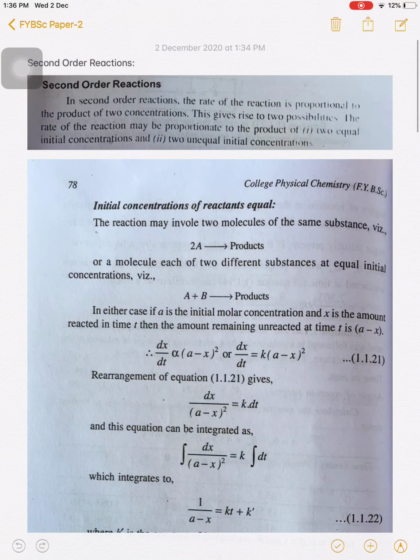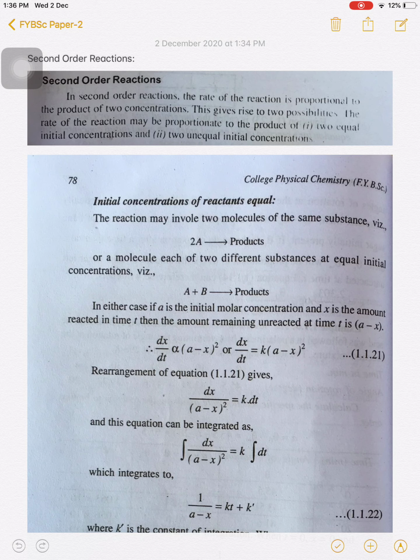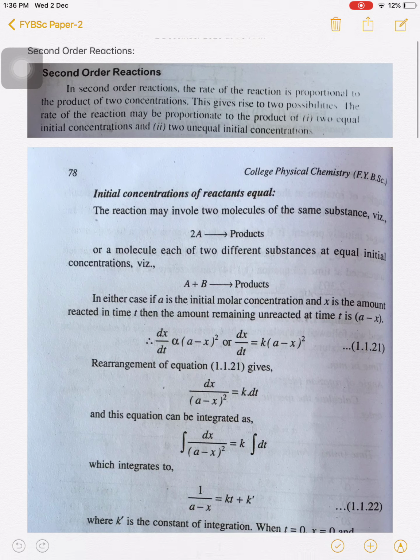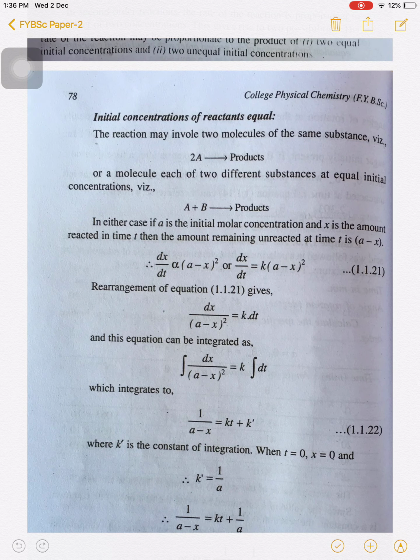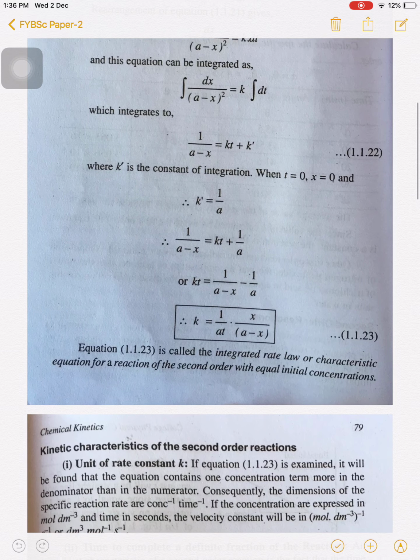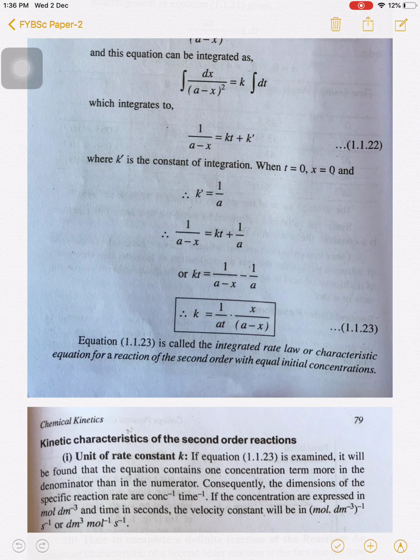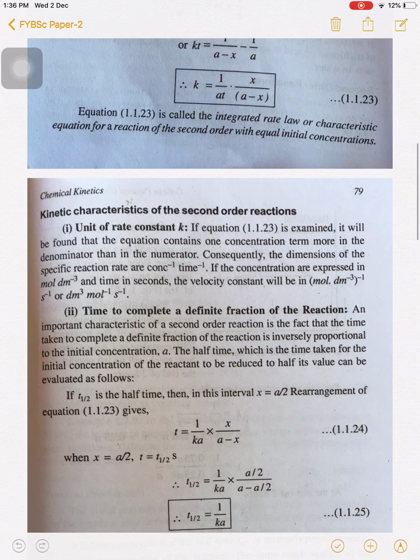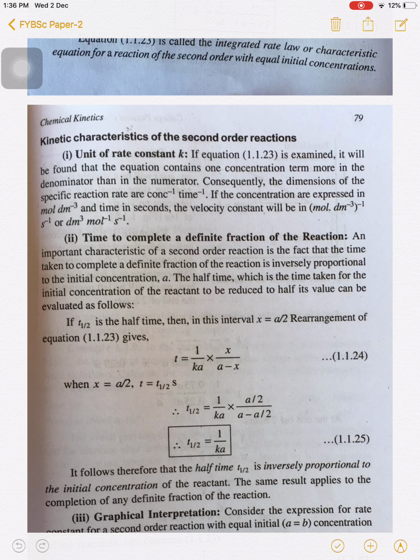Now we have just seen what the second order reaction means, and for your syllabus only the first possibility is there. If the initial concentration of both the reactants are same, then the derivation for this rate constant is K is equal to 1 upon A into T into x upon A minus x. The unit of this K is mole inverse dm cube per second.